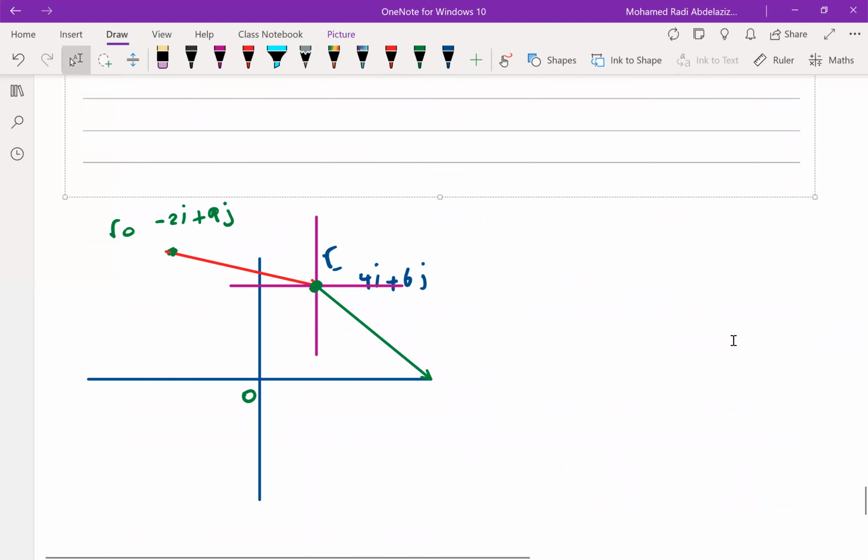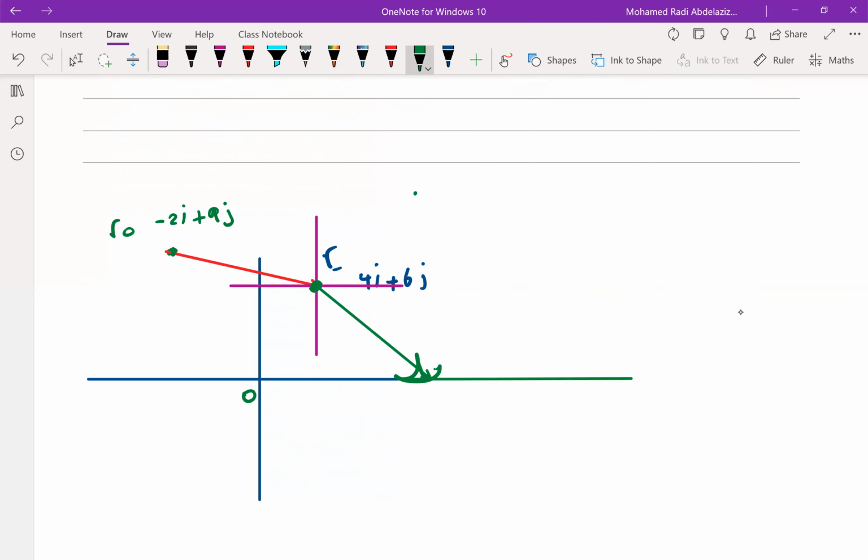So the ship will be at this point, because it's written that the lighthouse is due east, so it will be like this. Let's say the lighthouse is in this direction.